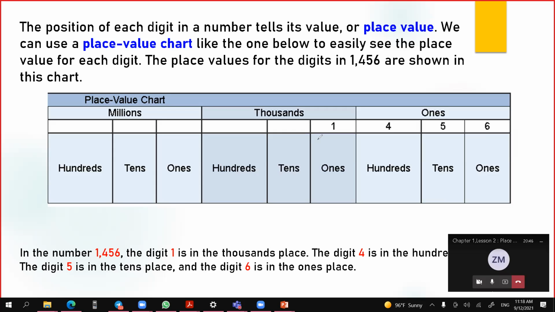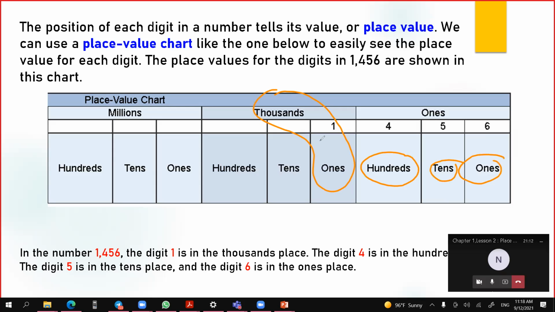Yes, grade 5. Number 1. Where does it live? It's in the 1,000 place. Bravo. Now, what about number 4? Where does it live? Number 4, in hundreds. Number 5, tens. And number 6, in ones.